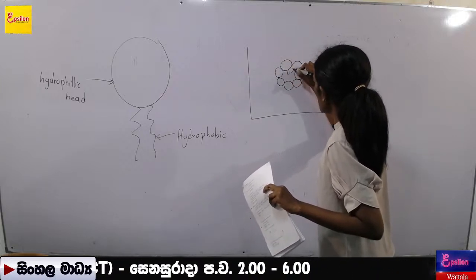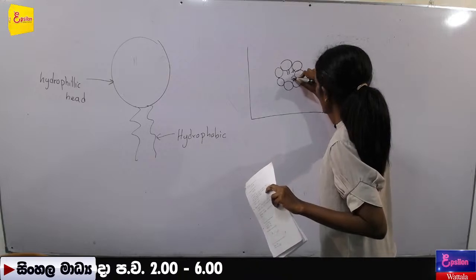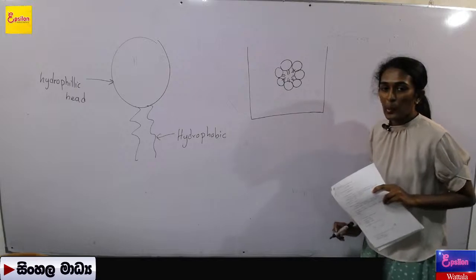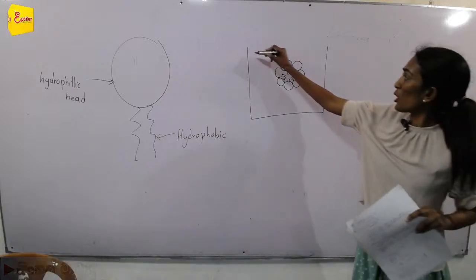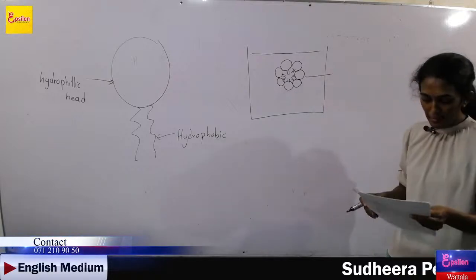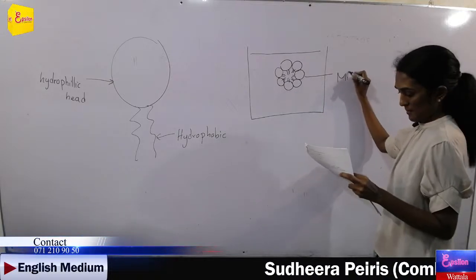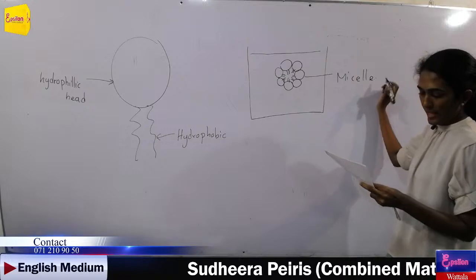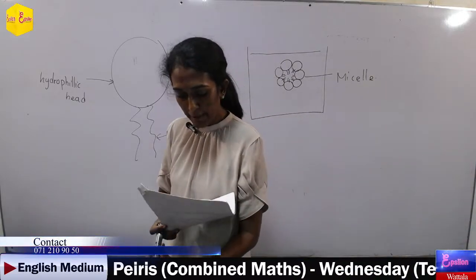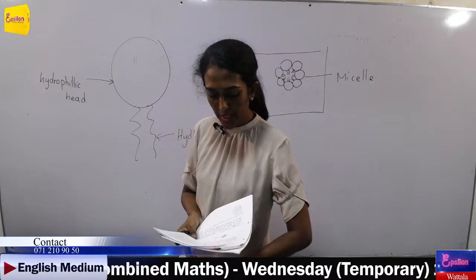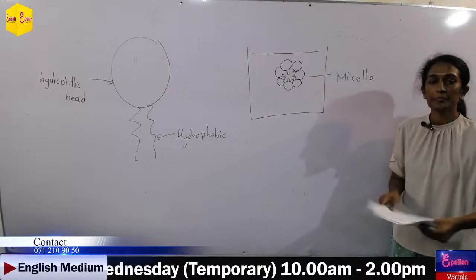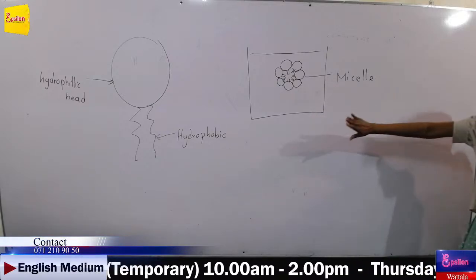The tails are moving inside, where the heads act like a shield so the tails don't meet water. Got it? This structure we call a micelle. Come to the free space after the second question: describe the reaction of phospholipid molecules with water. Draw this one. Only this picture.